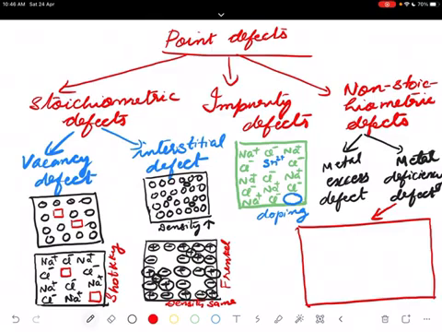For example, FeO. See, this is a non-stoichiometric defect.